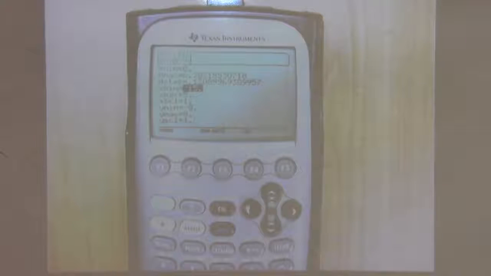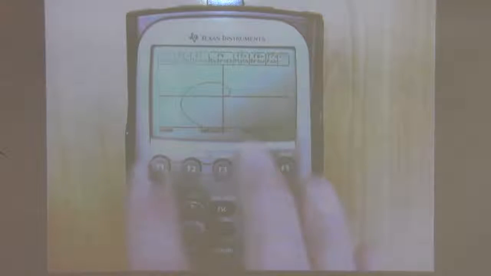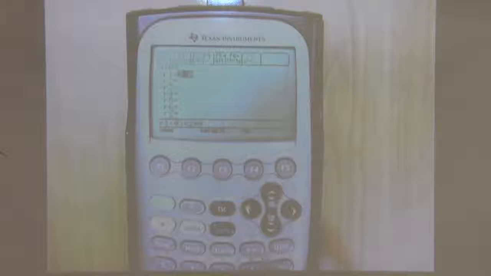And let's change our window to something a little more rectangular, a little more standard. How about negative 10 to 10? And let's graph that. Oops. So it makes this spiral thing. That spiraled pretty quick. Let's go to, how about just theta?